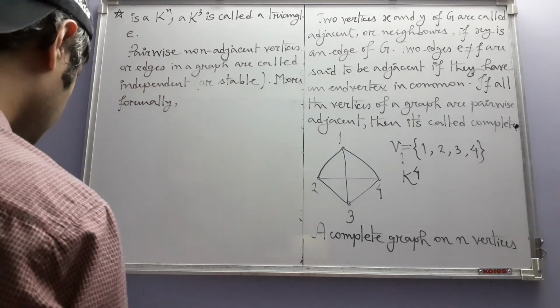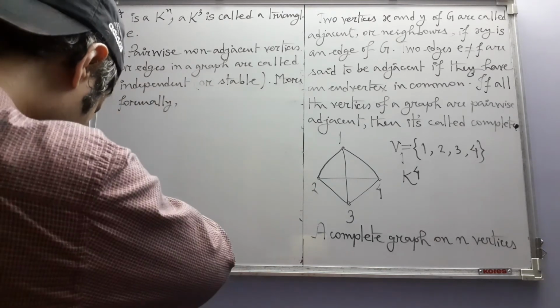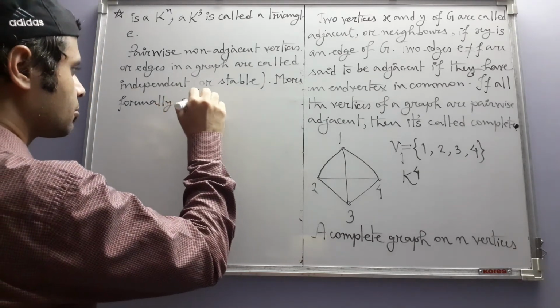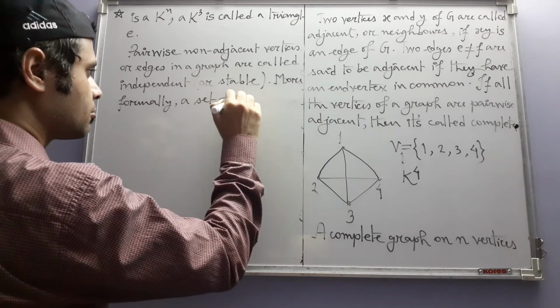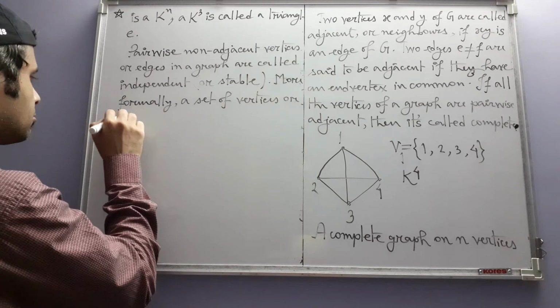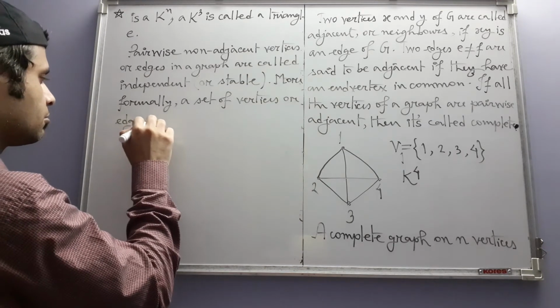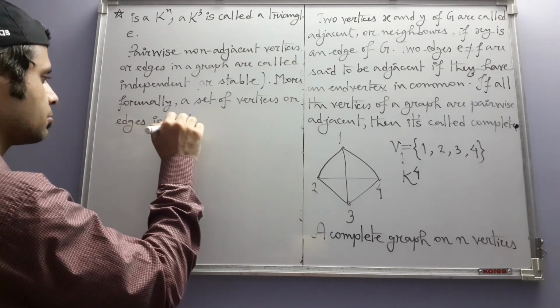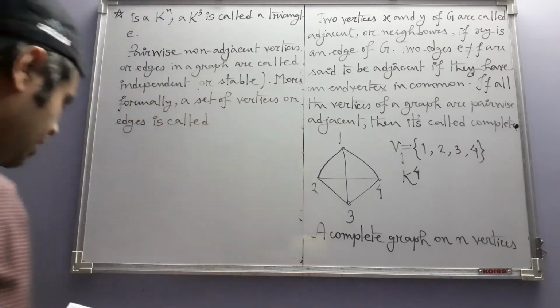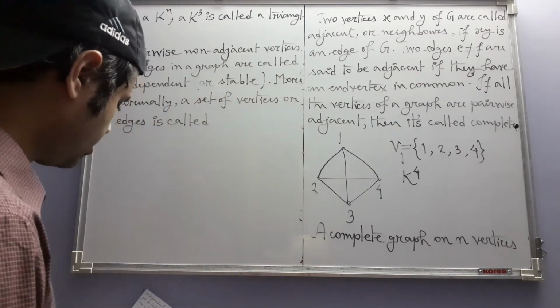More formally, a set of vertices or edges is called, not a mixture, okay, either a set of some vertices or a set of some edges, not that we are considering vertices and edges together.